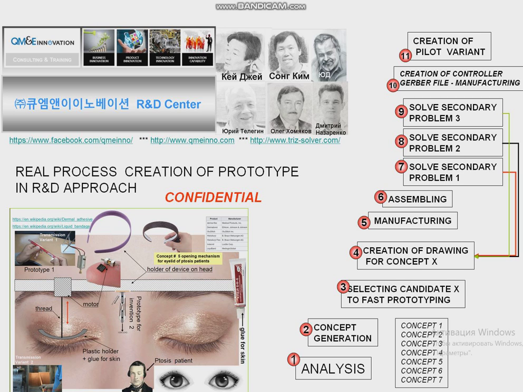It is a real process for the execution of a new machine. The duration of this process is approximately 6 months. Today I'll show you only several ideas, and you must know that every idea is the intellectual property of the company QM&E Innovation.